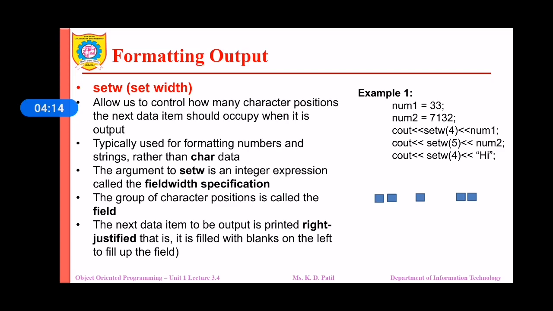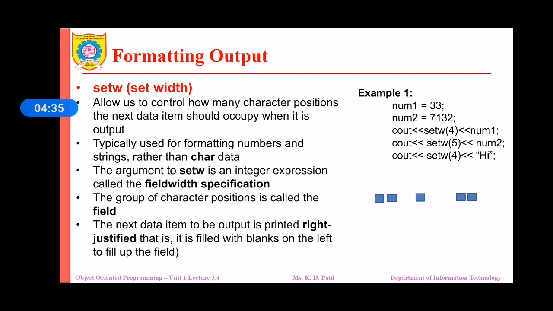Then in the second cout statement I have num2 of 4 characters, that is 7132, but I have set the field width as 5. Then there will be one blank space. 7132 will be right justified and I will get that blank on the left side.